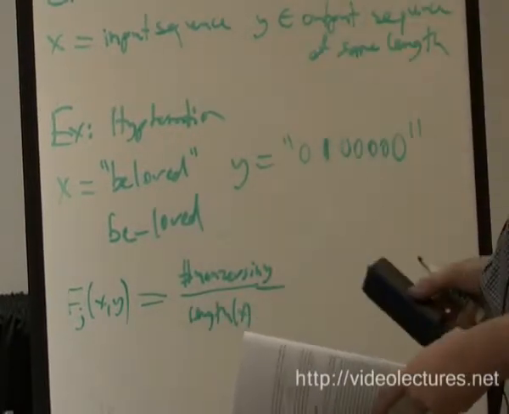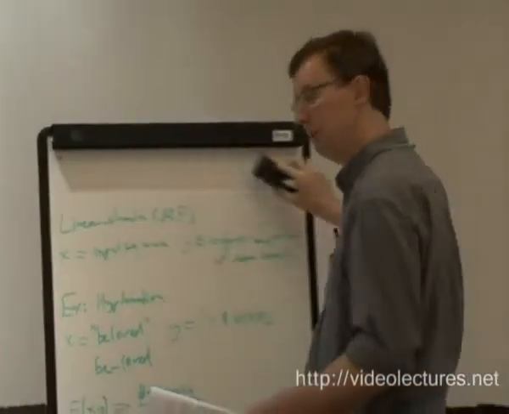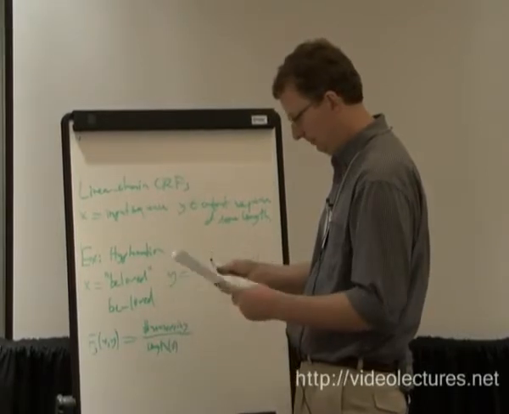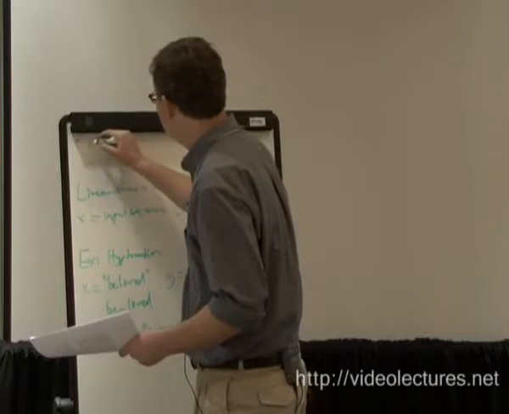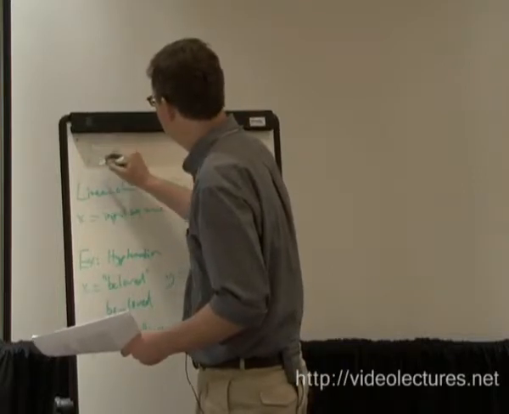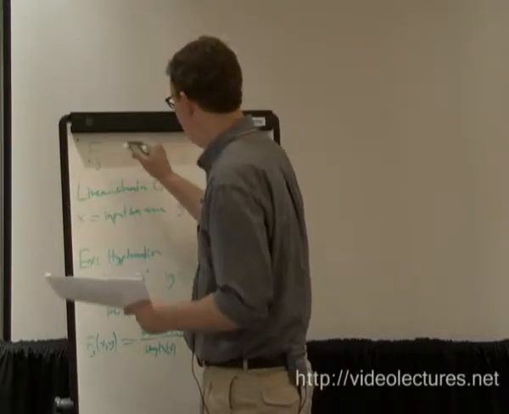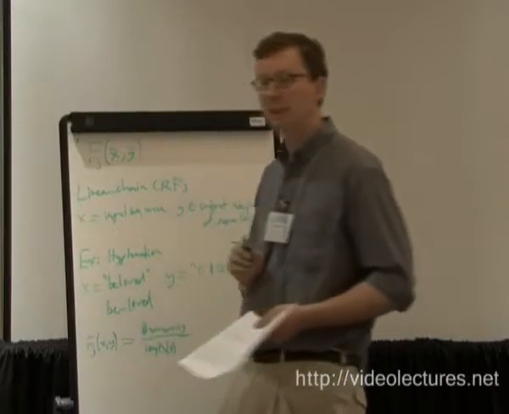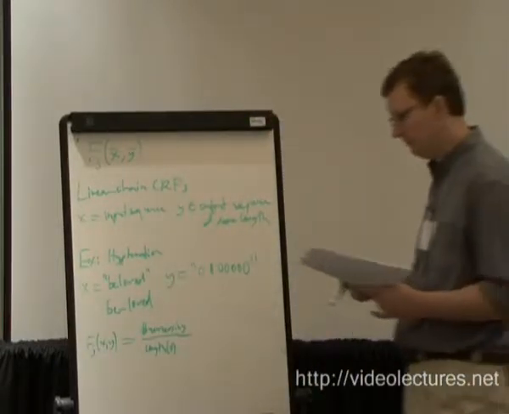So for linear chain CRFs, there's a restriction on which feature functions I'm allowed. Feature function j, for any j, is a function of x bar and y bar. And now I'm going to use the bar notation to mean sequences.